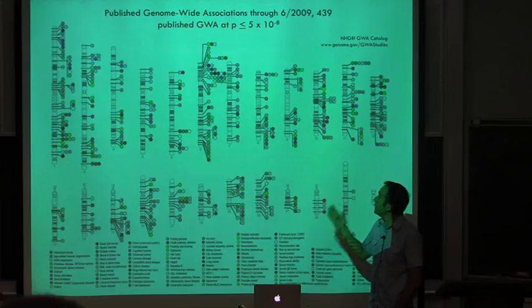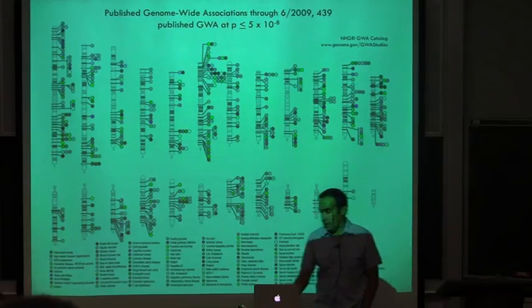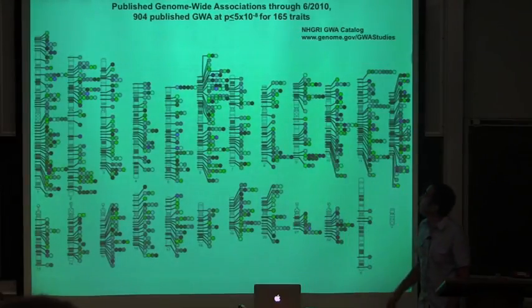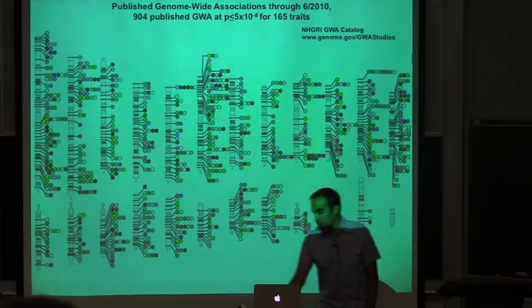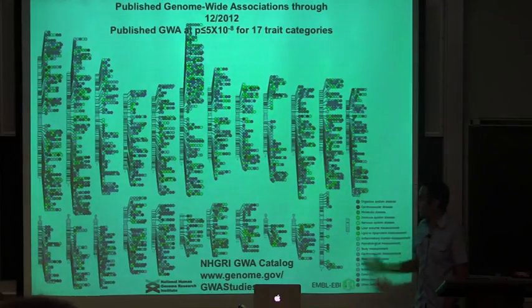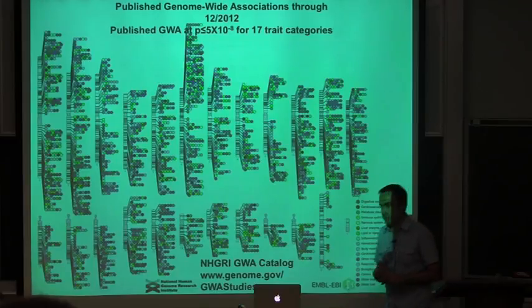Here they have 439. And then just 1 year later, it doubled again. This is 2010, about 900 something. And this is the most recent one they have, 2012. You can see that there are huge numbers. So they've found hundreds and hundreds or even thousands of genetic variants that are implicated in disease.